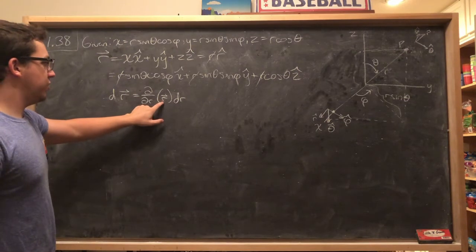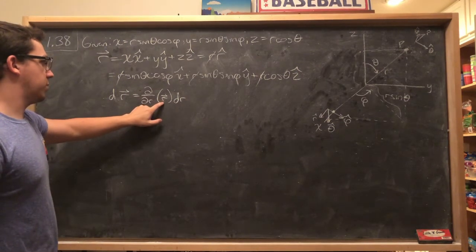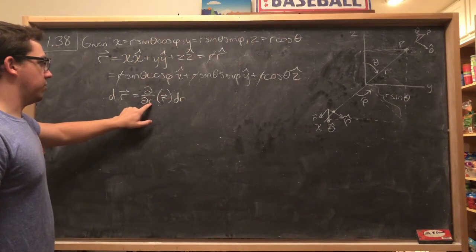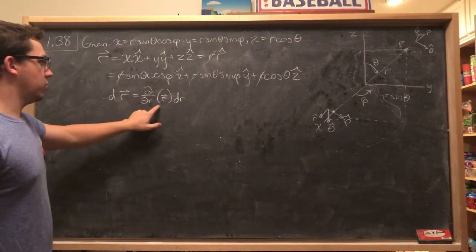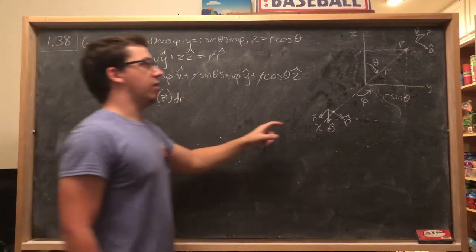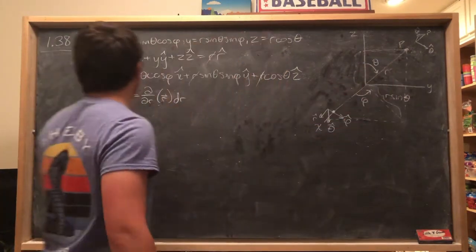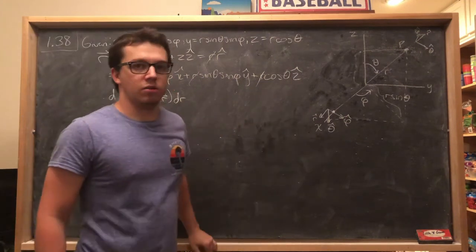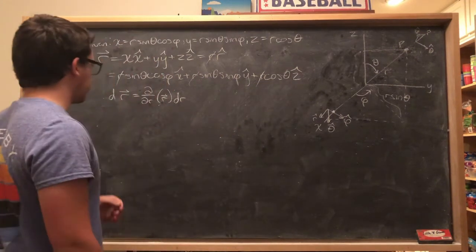We would look at the rate of change of our position vector with respect to r, and then multiply it by whatever amount dr we're changing it by, and this would give our change in that position vector if we're only doing it in the r hat direction.